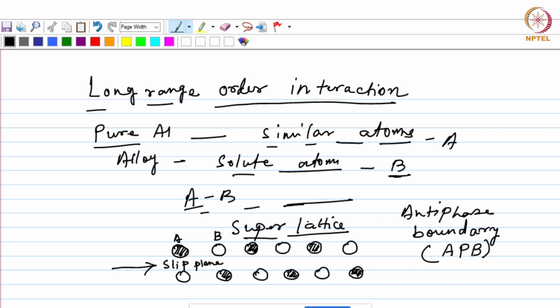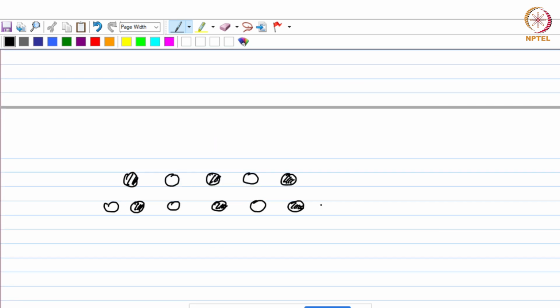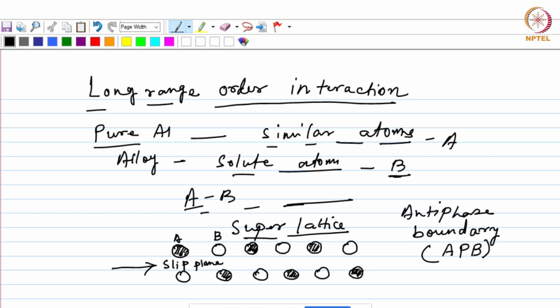Okay, so across this boundary, if you see now, the arrangement has changed because due to the motion of the dislocation through this domain, this antiphase boundary has been introduced, and across this, similar atoms will face each other, unlike the superlattice in which dissimilar atoms face each other.